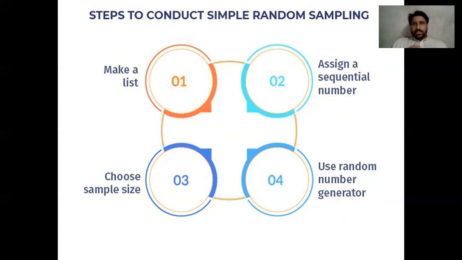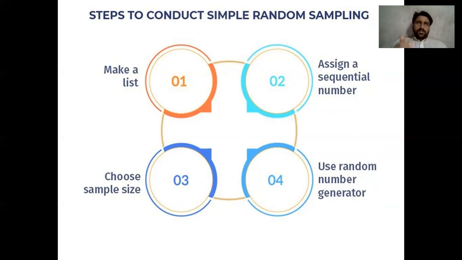Then you can do the random sampling by yourself, or these days you can use software, the help of a formula calculation, or simply select randomly. Computer applications are also available which can help you generate a random sample. These are called random number generators.